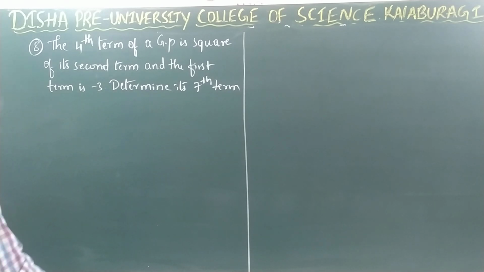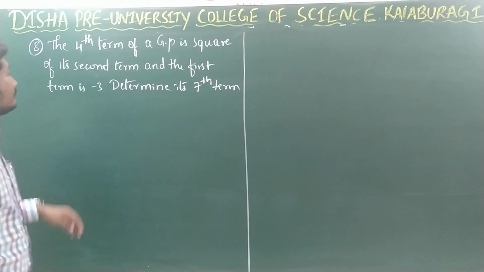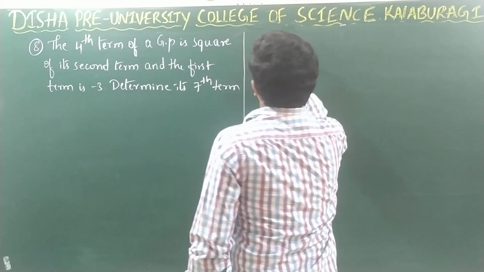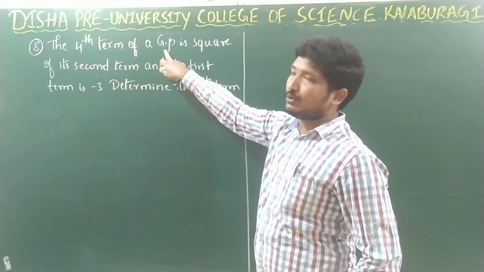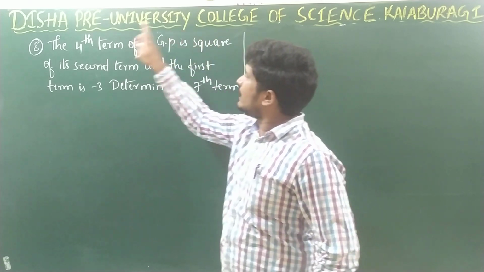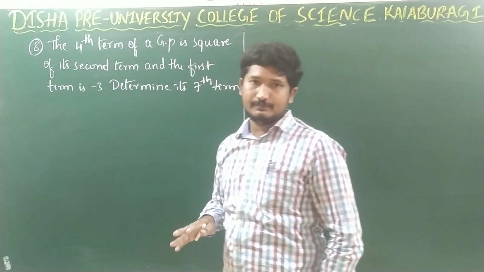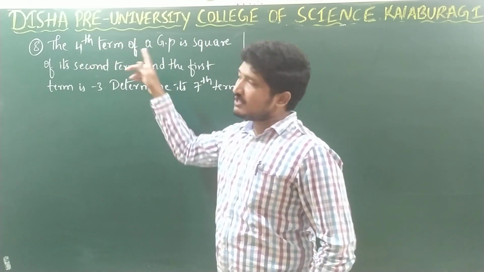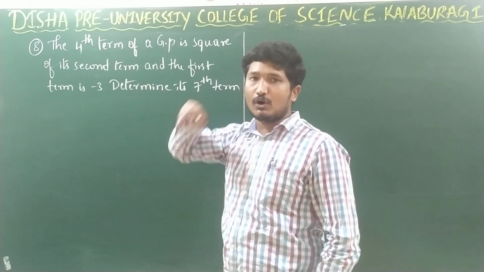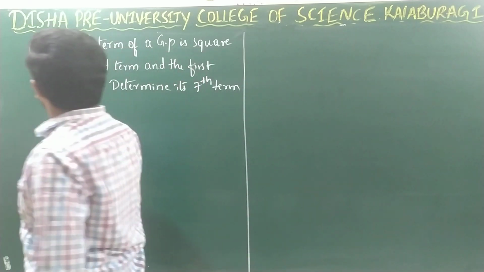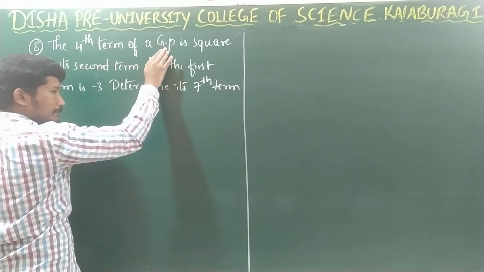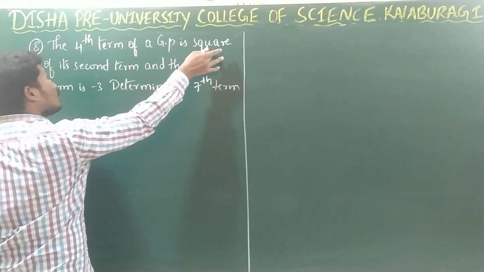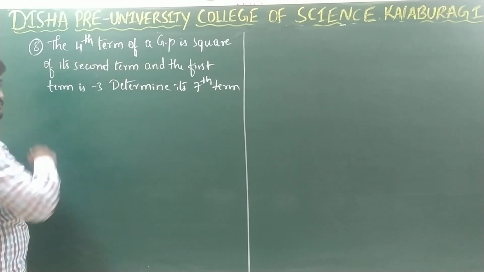Right. So the next problem. The fourth term of the geometric progression is the square of its second term. See, we are given some condition. Carefully observe what that condition is. The fourth term of a GP is the square of its second term.